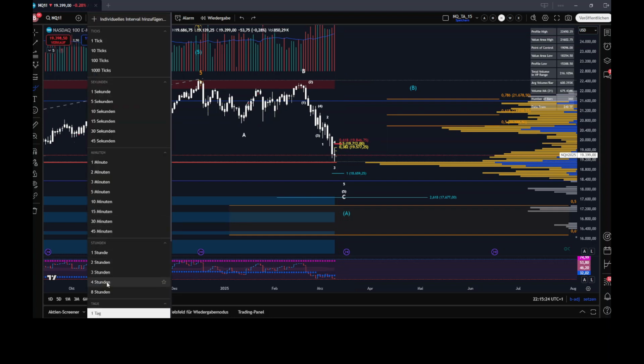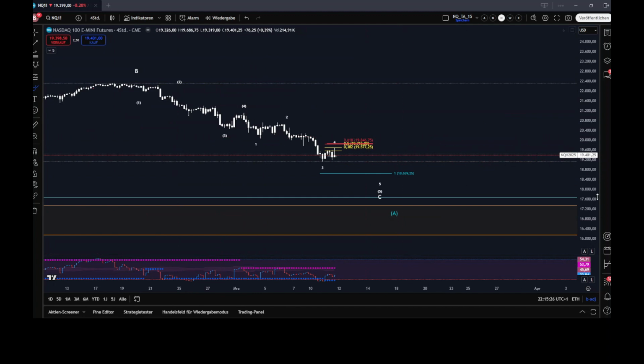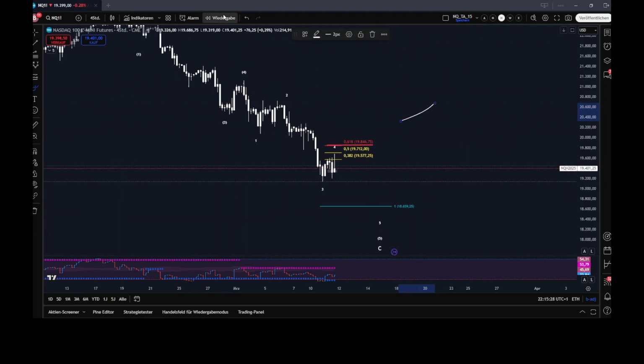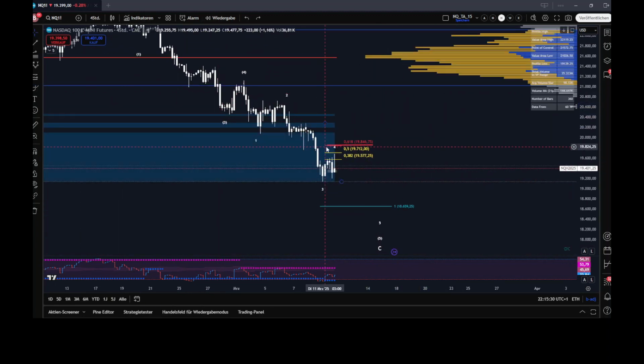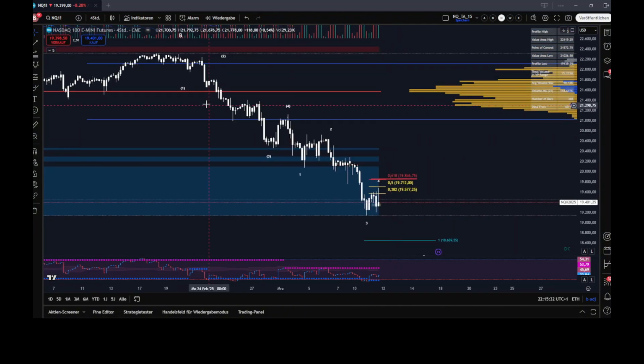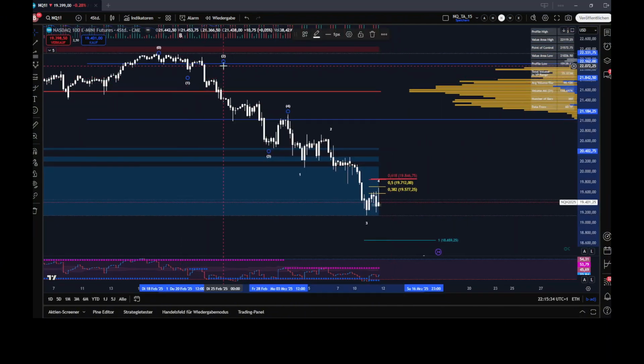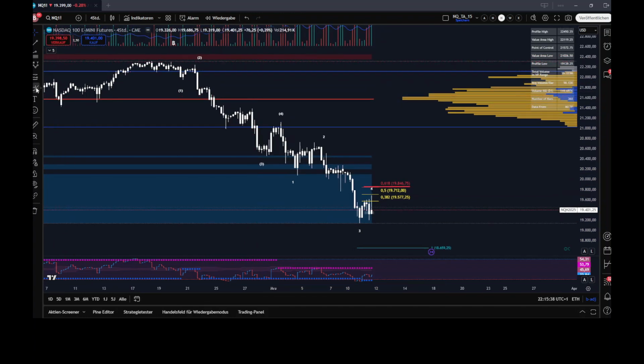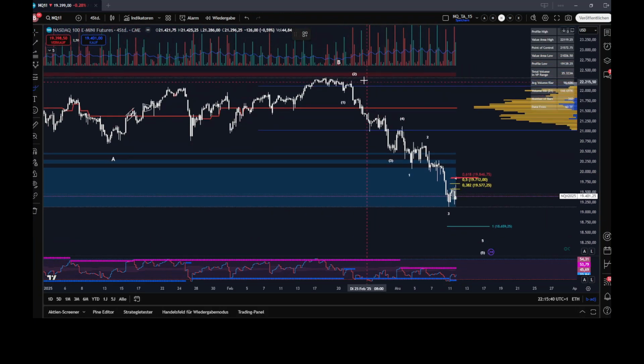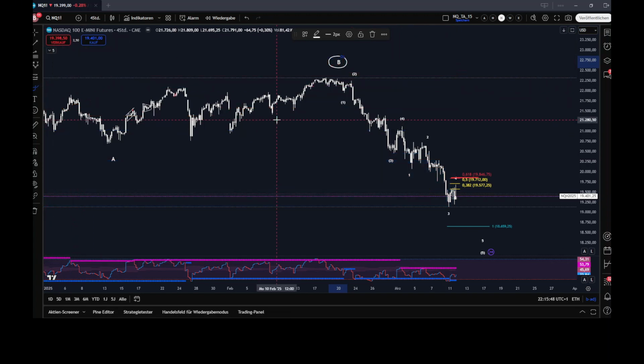And I told you yesterday that I tried to label that move down. The best I can do right now would be from the highs, from our B wave high here. Let me just remove that. I think that's better.